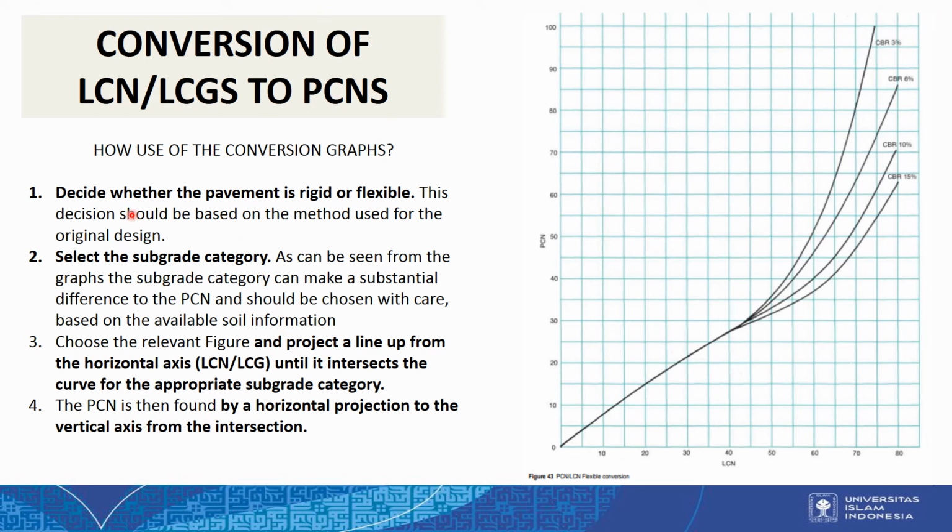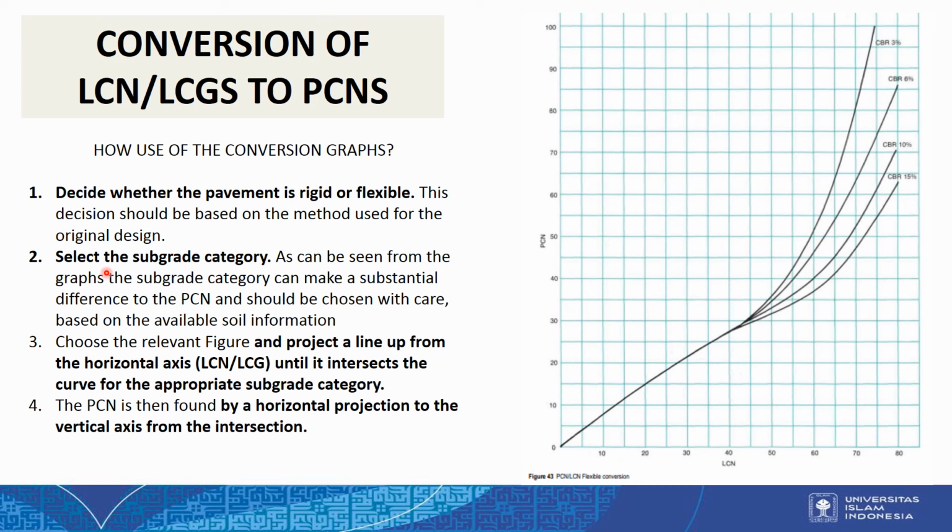First of all, you have to decide what kind of pavement it is, rigid or flexible, because there are two types of graphs, the rigid one and the flexible one. So make sure that you use the right charts. The second is to select the subgrade category.